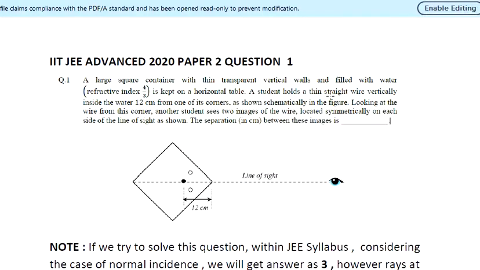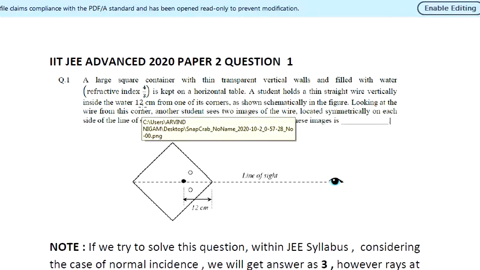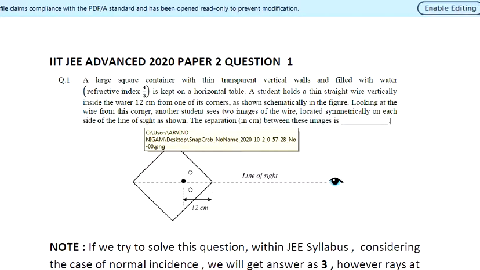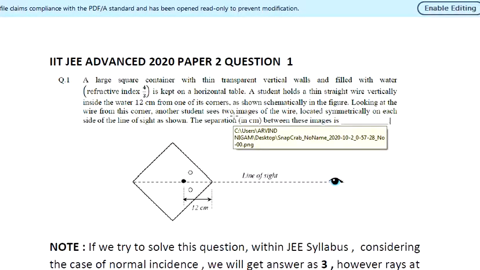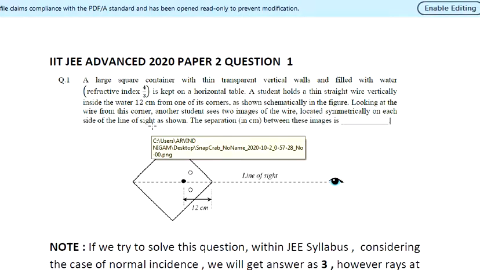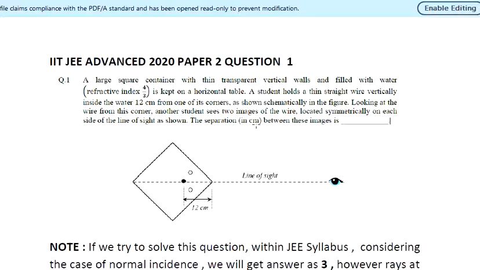A student holds a thin straight wire vertically inside the water 12 cm from one of its corners as shown in the figure. Looking at the wire from this corner, another student sees two images of the wire located symmetrically on each side of the line of sight as shown. The separation in centimeter between these images is.